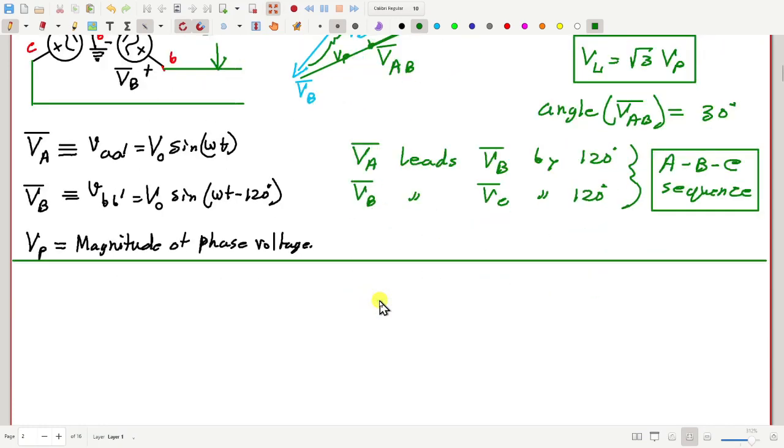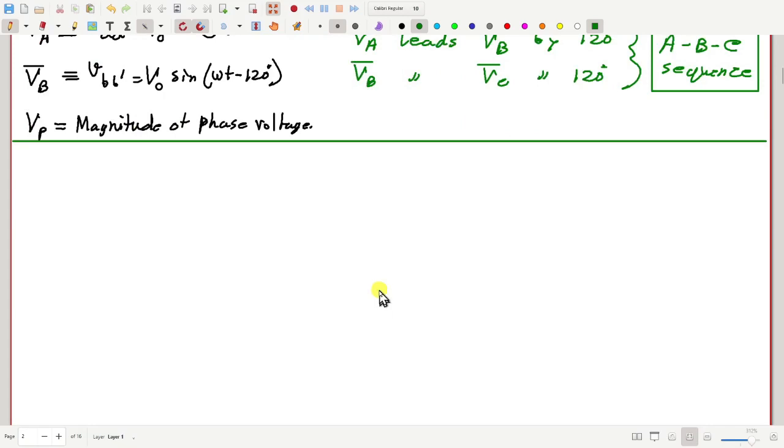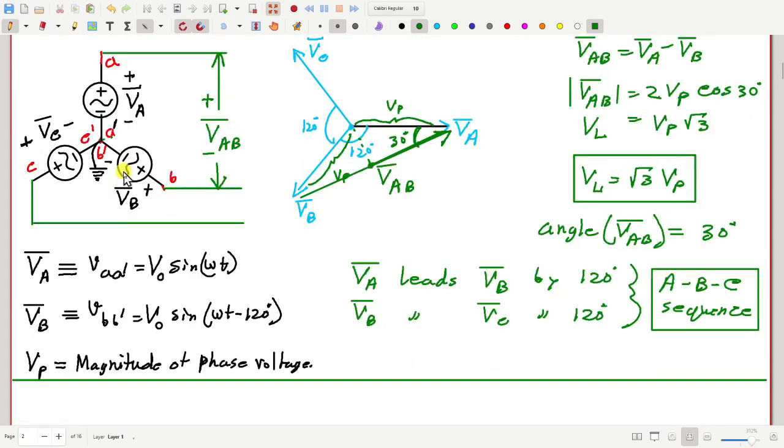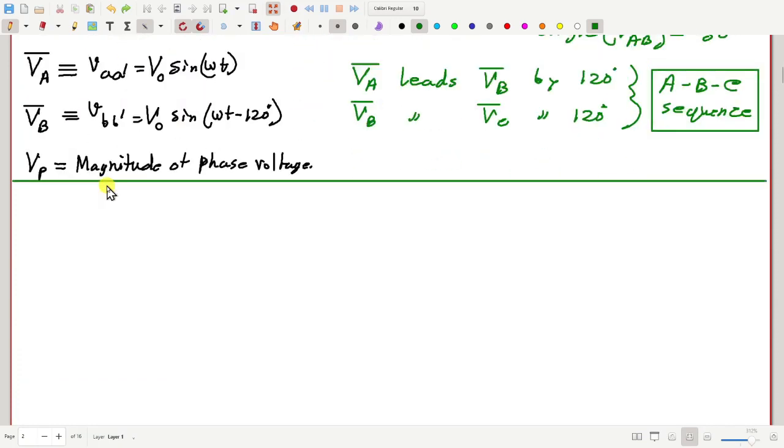Similarly, it is possible that in some source we have, basically, in this diagram only, if I just call this as C and this as B, then what happens? A comes first, then C, then B. I'm just changing the names. So then how will the phasor diagram look like?